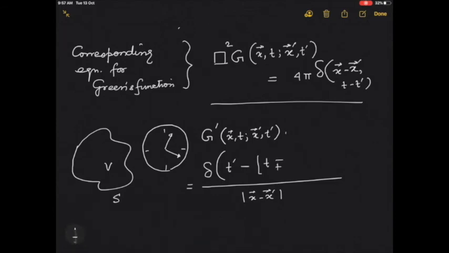So there are two solutions to this. So I call those G plus minus. So when you take the plus, you have to take minus from here. Okay.